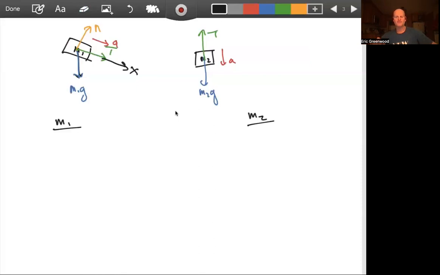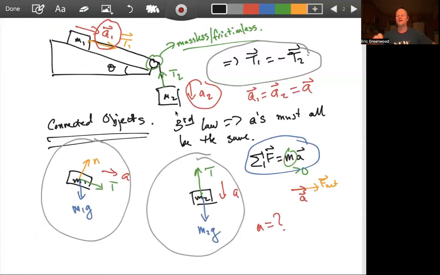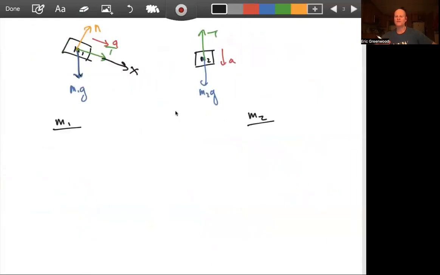Now, as I mentioned in the previous video, the reason I want to take the positive x in the same direction as the acceleration is that, going back to Newton's second law, since my acceleration is a vector, I can't forget about the negative sign that would come in if I chose it in the opposite direction as my positive x-axis. So in this case, I want to choose it in the same direction, so I don't have to worry about that negative sign. Here then, this is going to be my y direction, which means this is also my y direction, which means by alternate interior angles, this is my angle of theta.